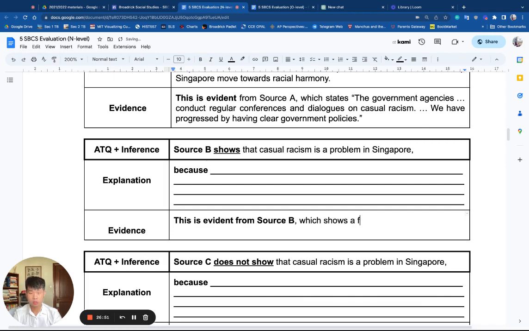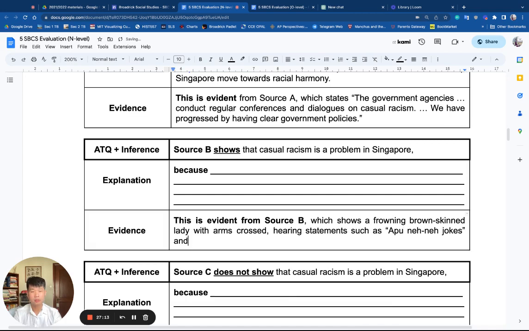It shows a frowning, brown skin lady with arms crossed, right? Or hearing statements such as "apu," "ne jokes," and "the one from India, so smelly."